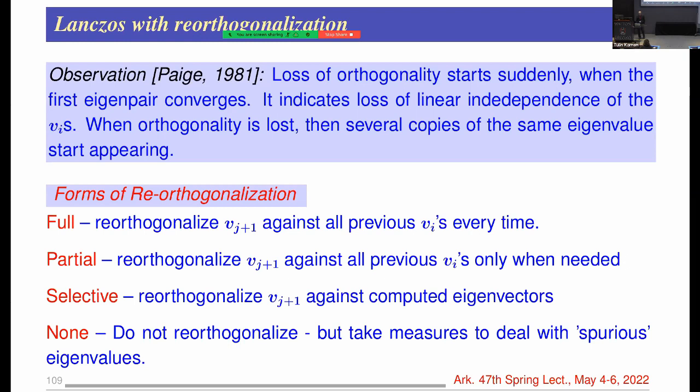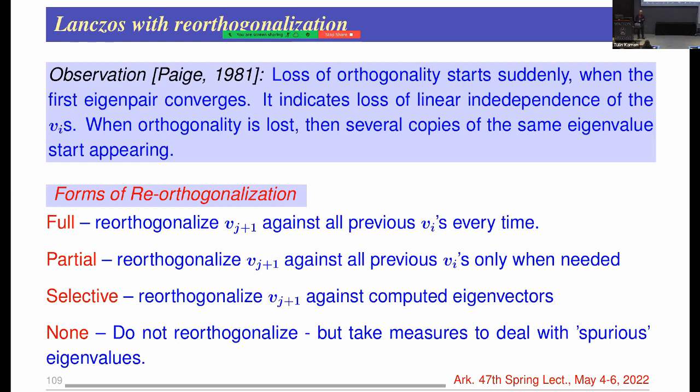And then there are all these other variants. The Lanczos algorithm that I just showed you would not work at all if I didn't do reorthogonalization. In principle, the 3-term recurrence would give you an orthogonal sequence in theory, if you had exact arithmetic.